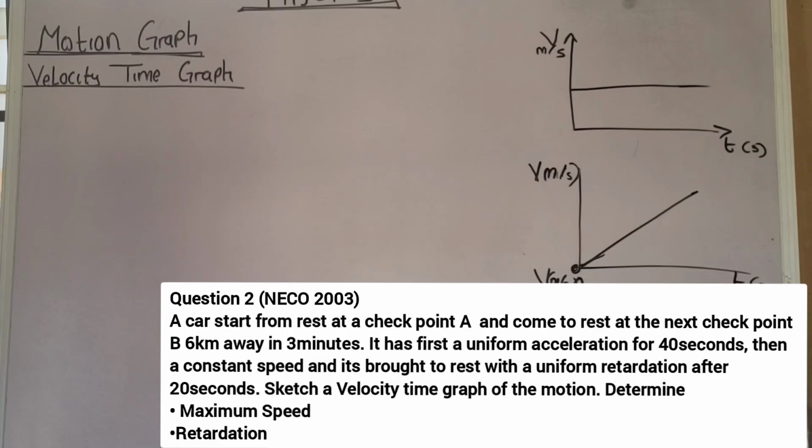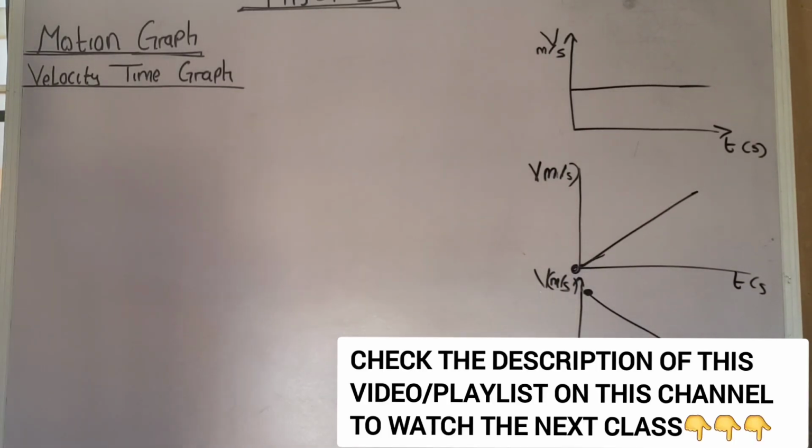Sketch a velocity time graph of the motion. Then we are asked to determine the maximum speed and the retardation. This is NECO 2003. This one is technical, so I want you to pay attention.